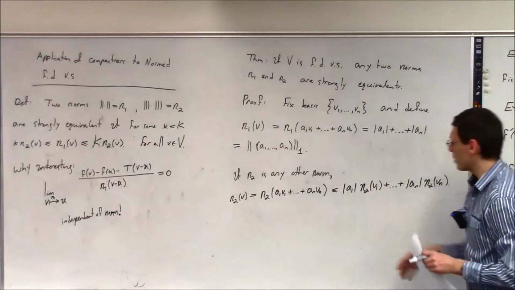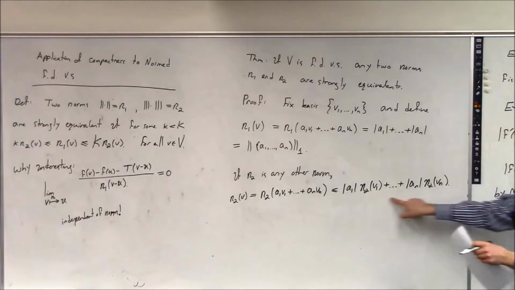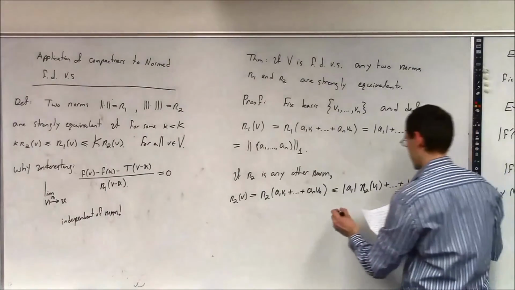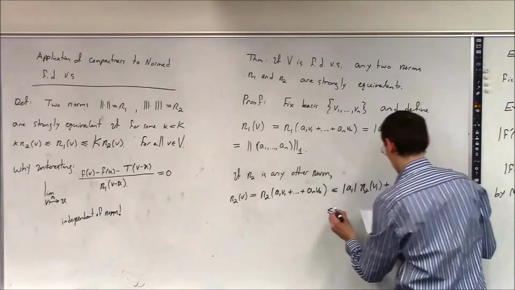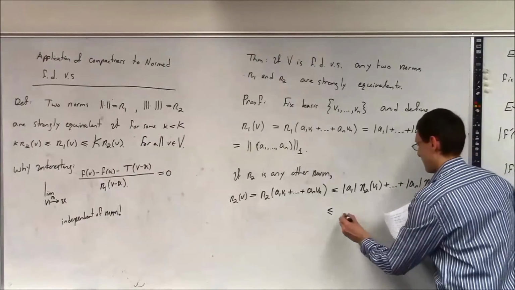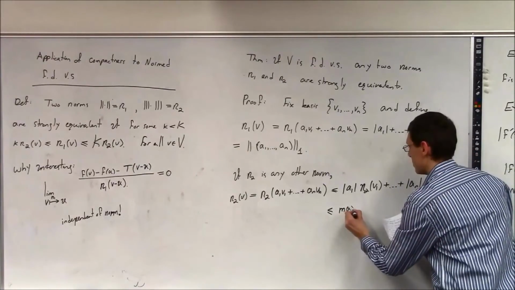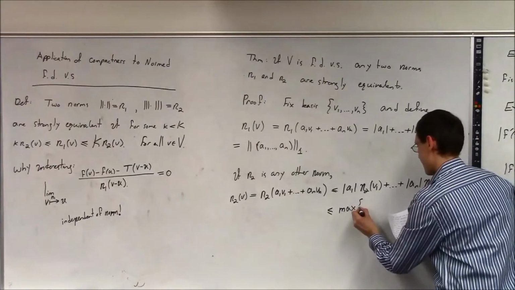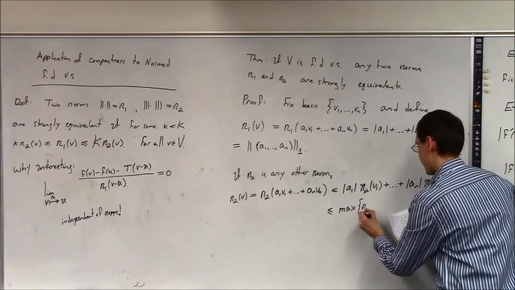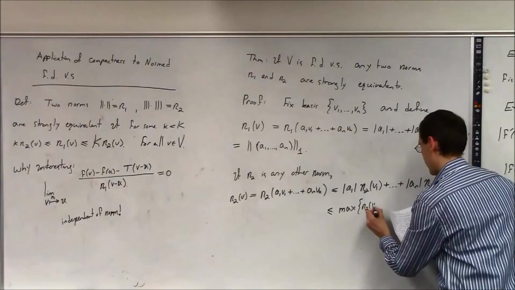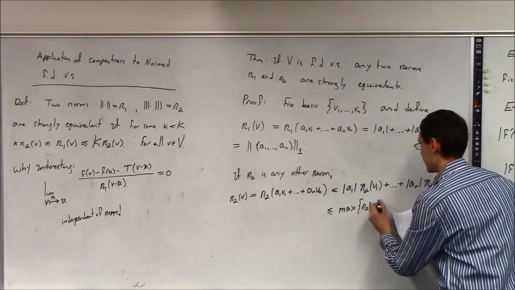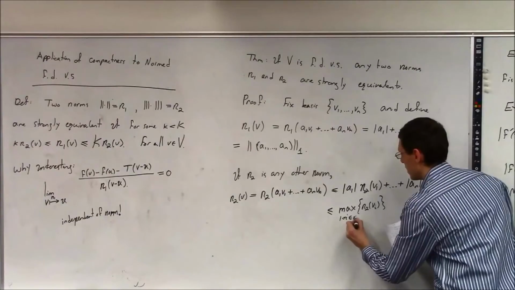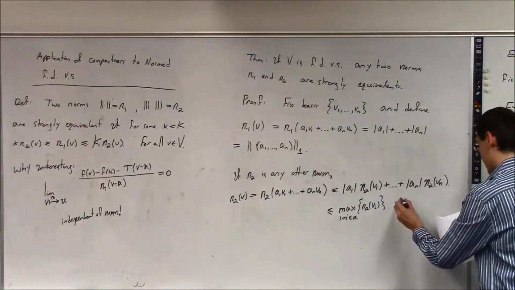Now if you look at this expression, it looks very similar to the n1 expression. So all you do is say that this is less than or equal to the maximum of n2 of vi, where i ranges from 1 to n, times what?